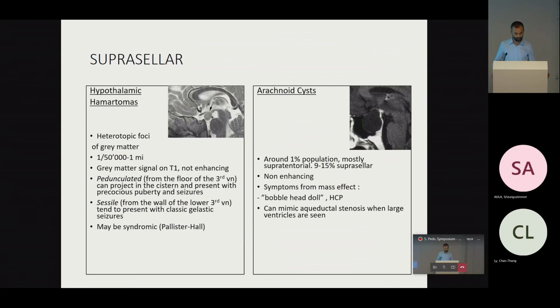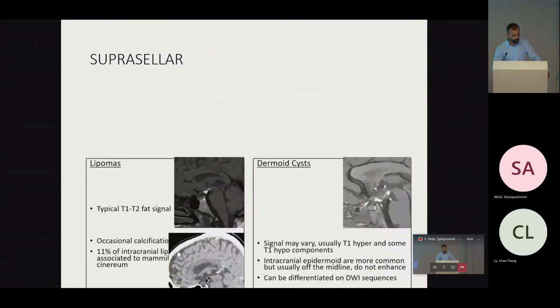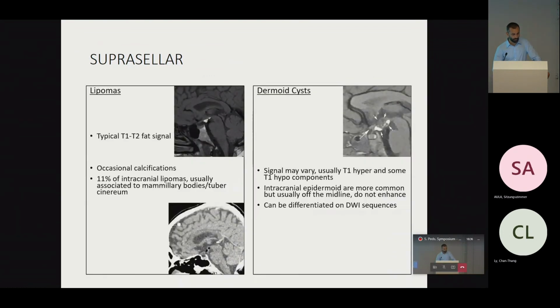Very rarely it can cause hydrocephalus from obstruction, and can mimic aqueductal stenosis when very large and enlarging the third ventricle. And then very rarely lipomas and dermoid cysts, which will follow the radiological signal for fat in lipomas and for the epidermal content in dermoid cysts.